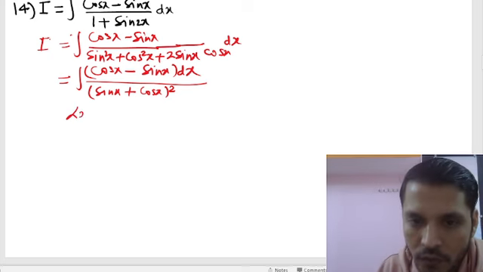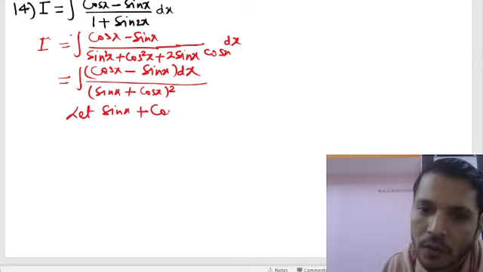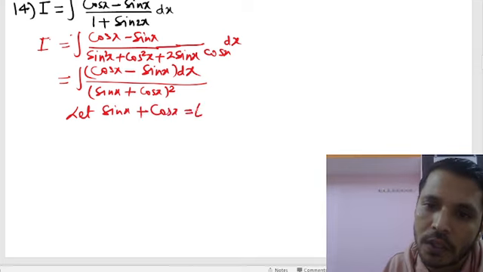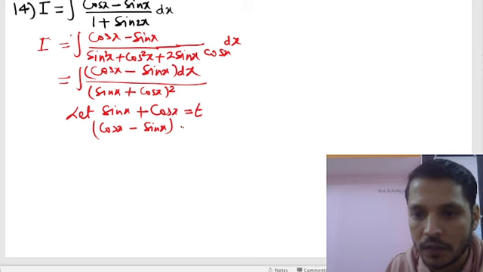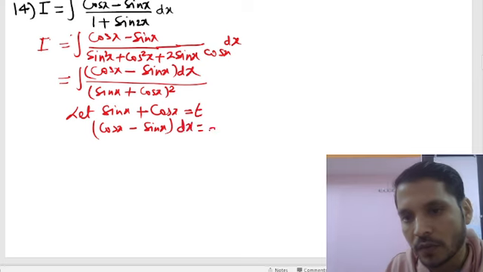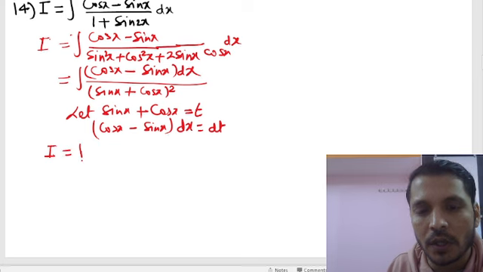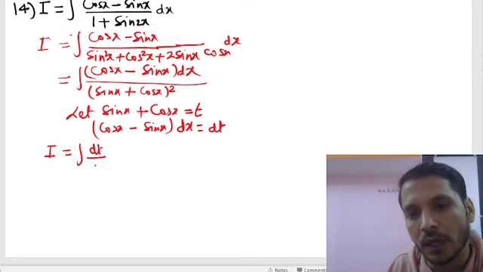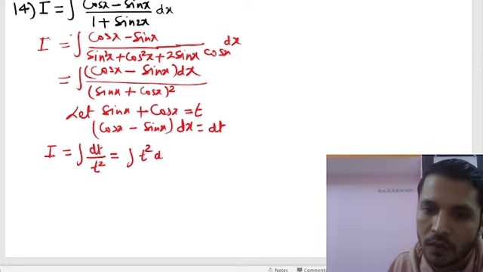Now if we assume the denominator part, that is sin x plus cos x, equal to t, then the differentiation will become (cos x minus sin x) dx, and this is equal to dt. So finally our I becomes the integration of dt by t square, that is the integration of t to the power minus 2 dt.